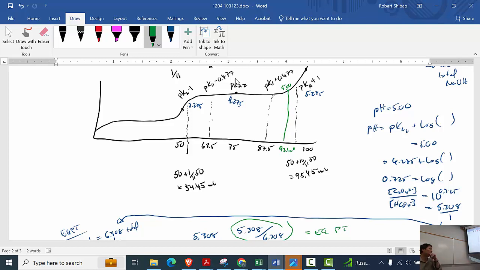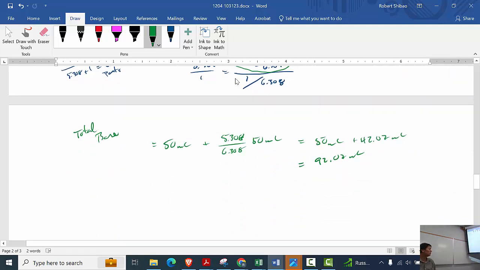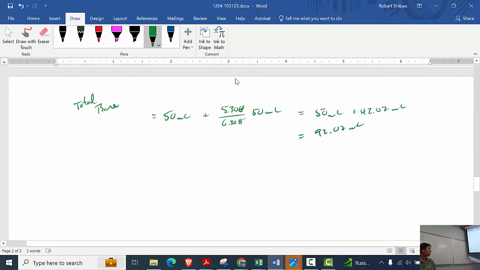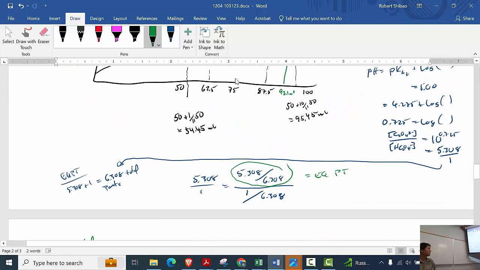So this we can use in the buffer region. It's quite nice to use the Henderson-Hasselbalch and work backwards. But this is a key step here: how do you go from the base to acid ratio to the equivalence point? And so this is the key step here.